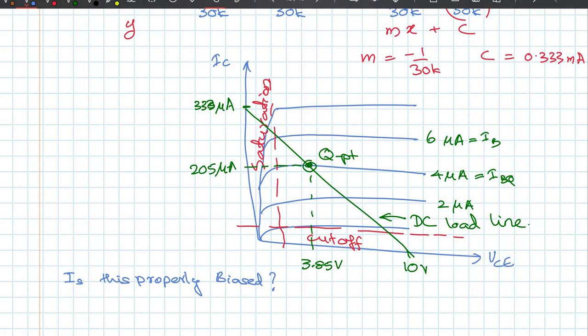Okay, and now in this circuit, the saturation point is roughly about 0.7 volts here, 0.5 volts, so VCE set 0.2, and this is a very small current, so therefore it's very close to 10 volts, but could be 9.5 or something like that.